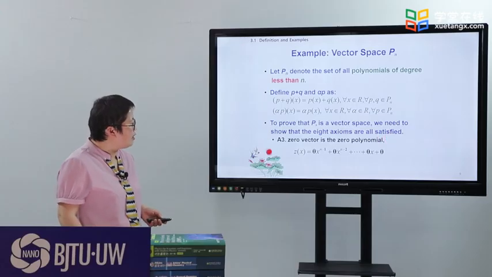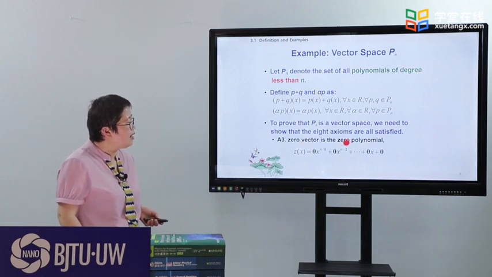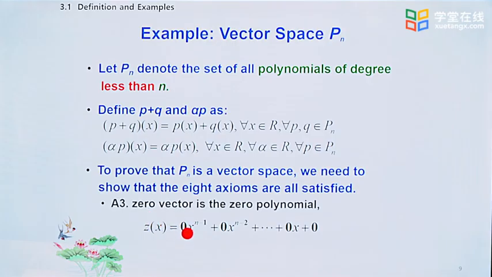So, for example, if you check A3, you want to find a zero vector in this set. You can just choose the zero polynomial: g of x equals 0 times x to the power n minus 1 plus 0 times x to the power n minus 2 plus and so on, plus 0 times x plus 0.